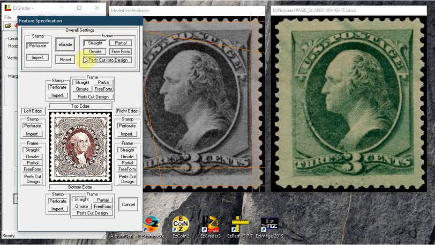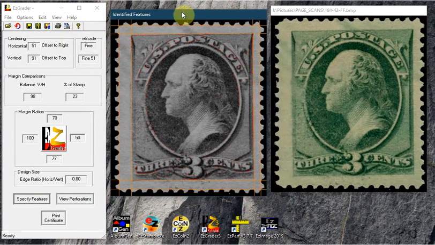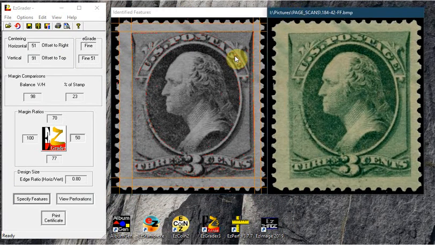So what we do now is we will change that, and now we have the design correctly centered, and we can see that this stamp is also 23%. Again, significantly larger than the previous stamps.